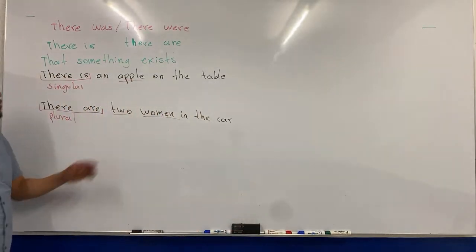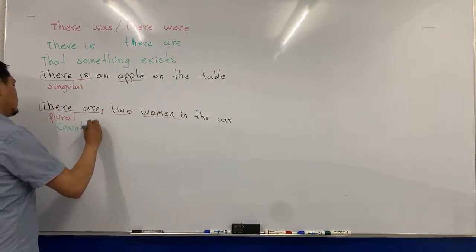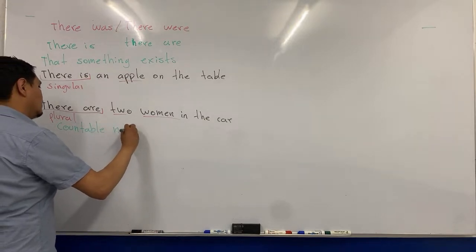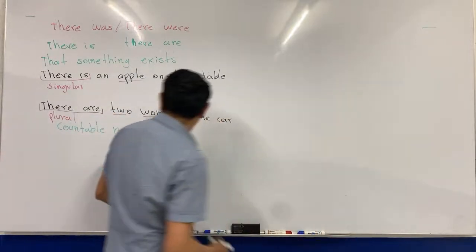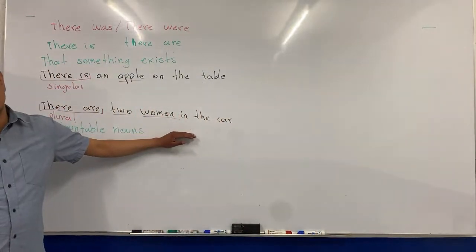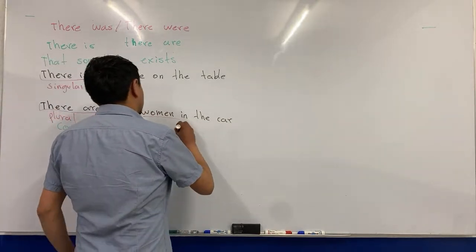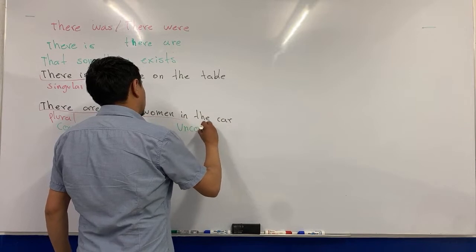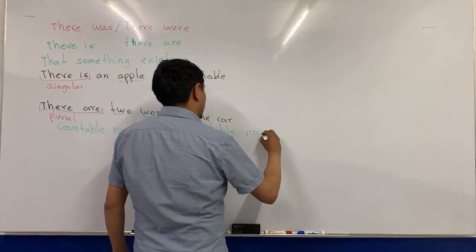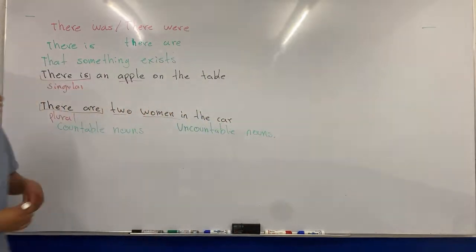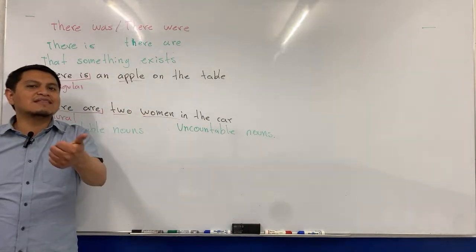These are countable nouns, and these are uncountable nouns. Countable nouns are things that you can count.